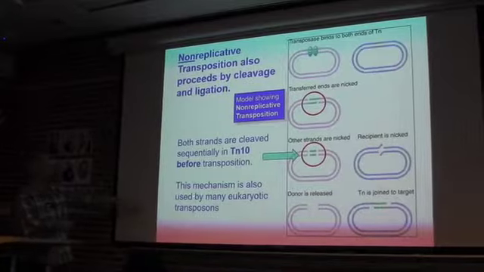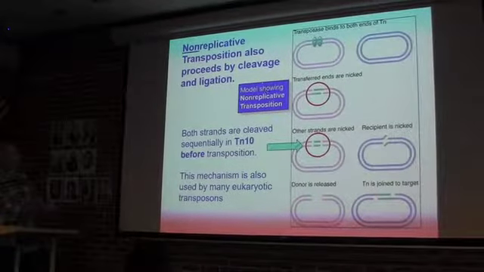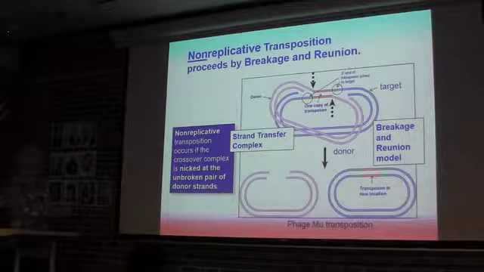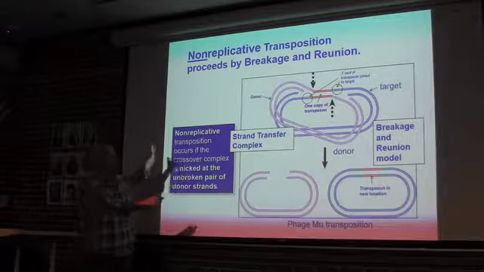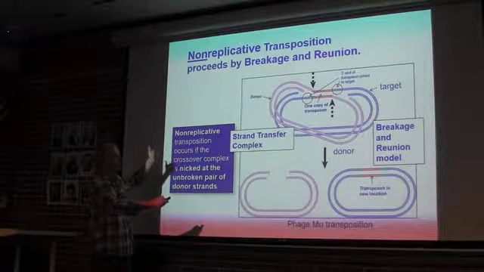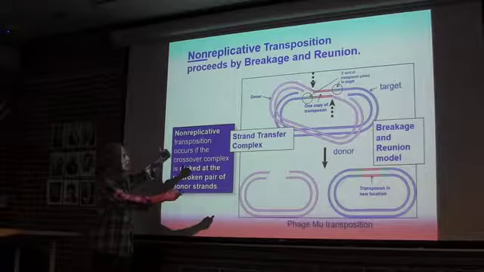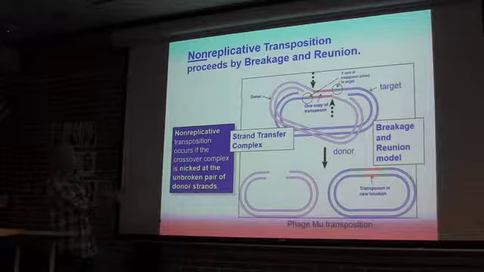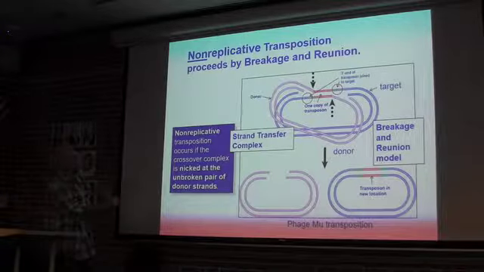So let's look at this mechanism, also used by many eukaryotic transposons. Cleavage and ligation, let's go back and see how this differs. You notice here you get this joining attack before you cut the second strand. Breakage and reunion.